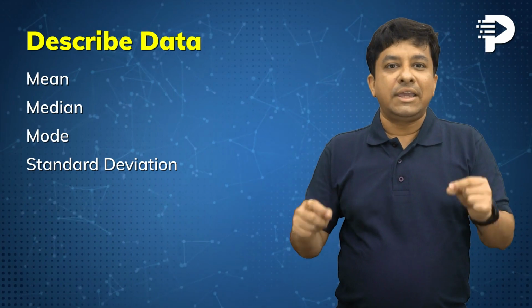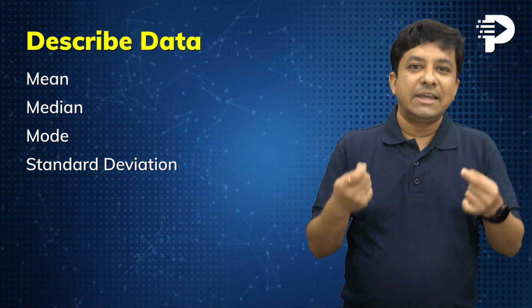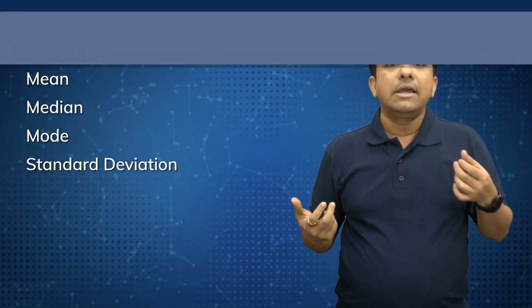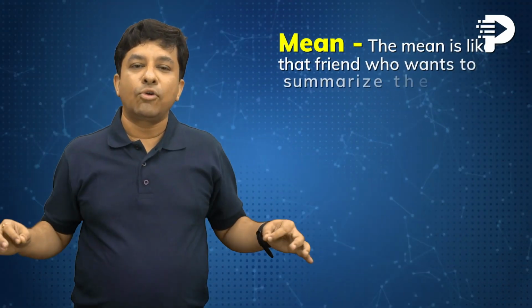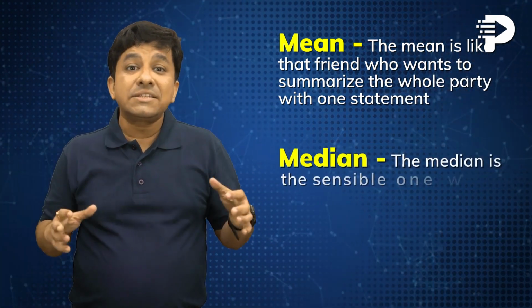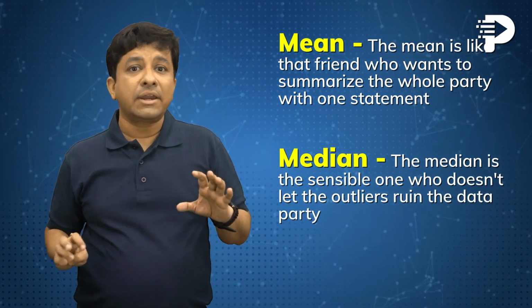You are definitely in good shape to handle them, right? So let's talk about mean, mode and median, right? What they mean intuitively, right? The mean is like that friend who wants to summarize the whole party with one statement, while the median is the sensible one who doesn't let the outliers ruin the data party, right?